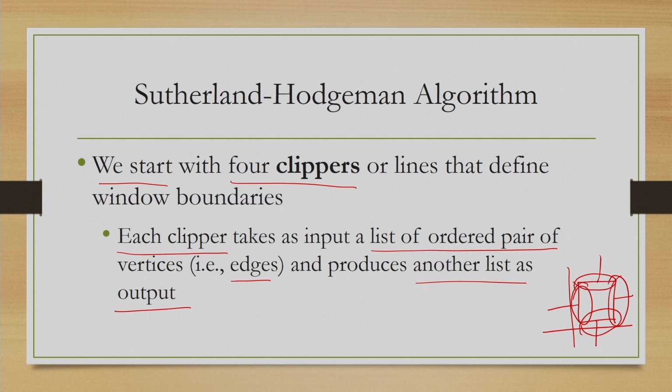That is the basic idea. So, there are 4 clippers, each clipper takes as input a list of ordered pairs of vertices, where each pair of vertices represents an edge, and then it performs some operations to produce an output list of vertices.